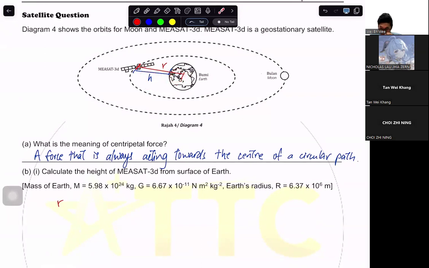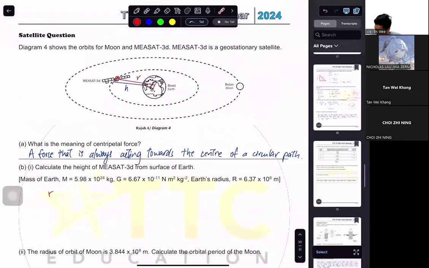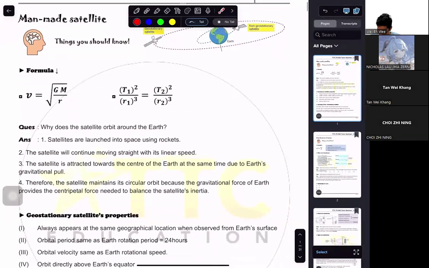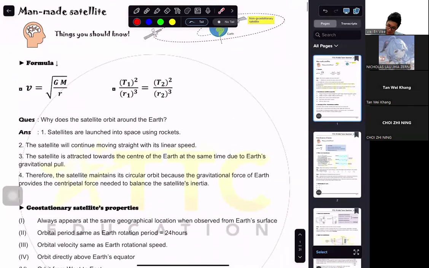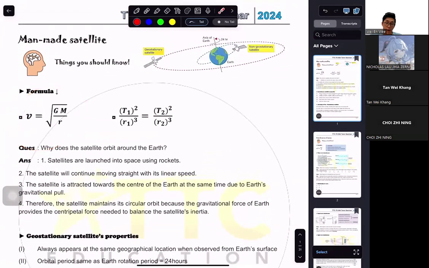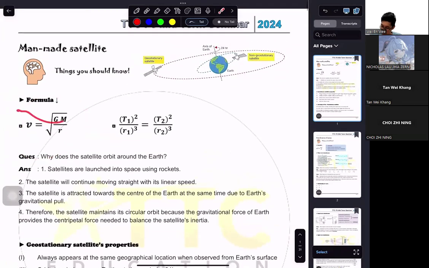All right, so now we have to find r first. How do we find r? We have to refer back to our formulas. We have the velocity formula, but we don't have the velocity, so we cannot use this.